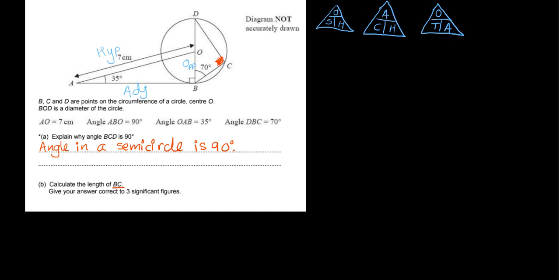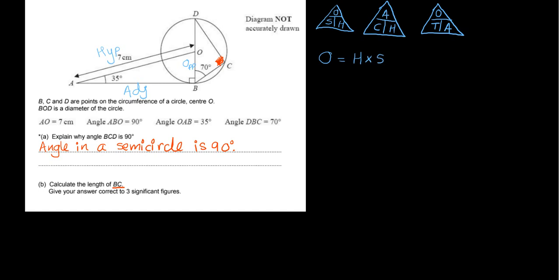Then I see which side I need to find out. I need to find the opposite side, so I cover the opposite, and that's going to be hypotenuse multiplied by sine. So opposite is hypotenuse multiplied by sine.